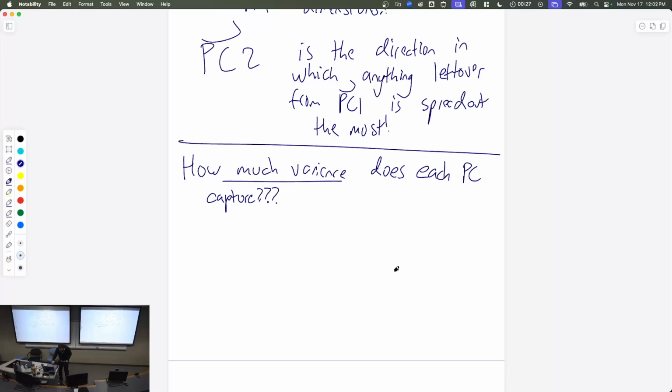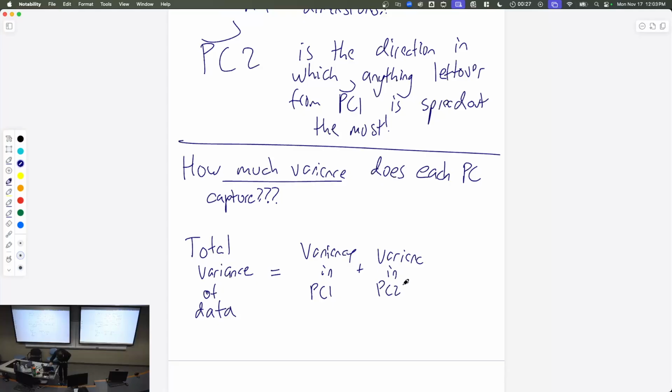The total variance of the data, this is how much it's varying in total in all the directions. You can write this as the variance in PC1 plus the variance in PC2 plus the variance in PC3 and so on.